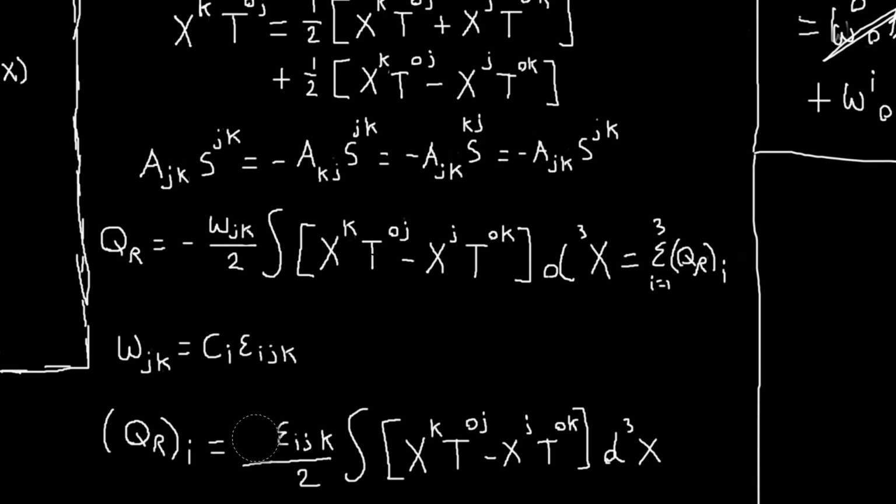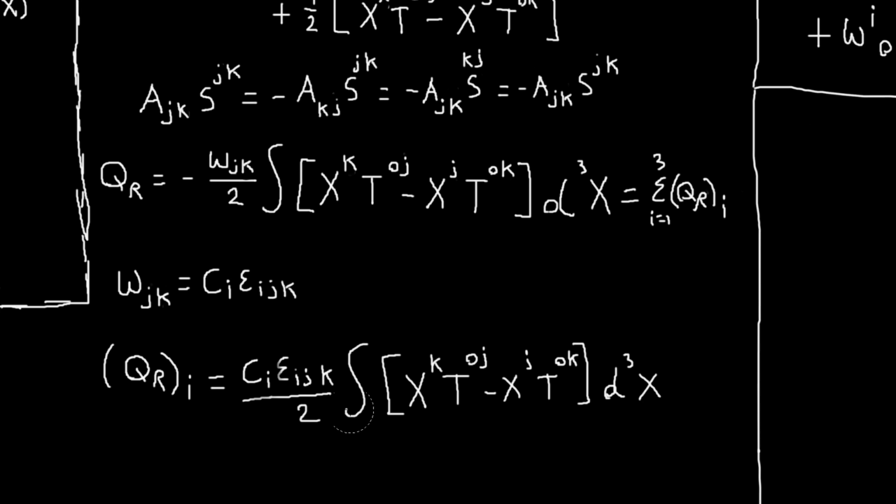I can plug that expression into our QR here. That will tell me what we want: it'll be a sum over i's. We'll have 3 terms, 1 for each i, and the ith term will look like this. Again, our QR will be the sum over i of these 3 terms.